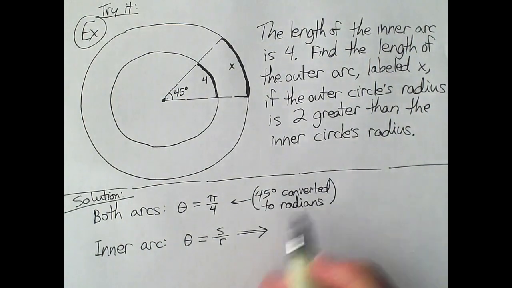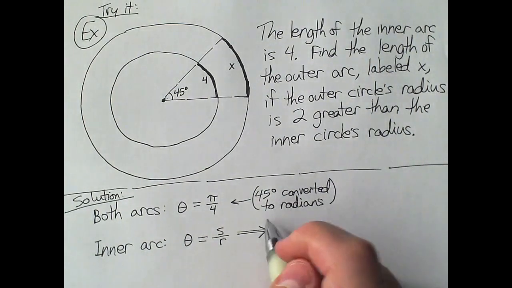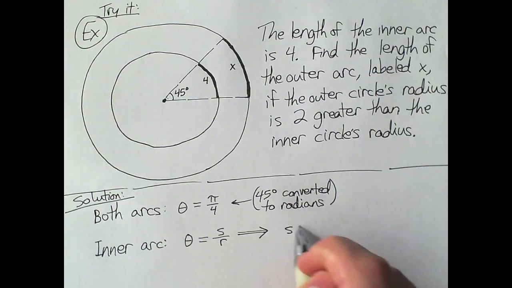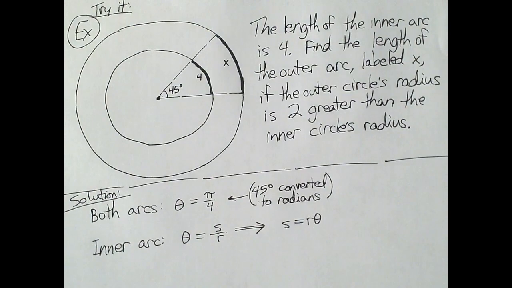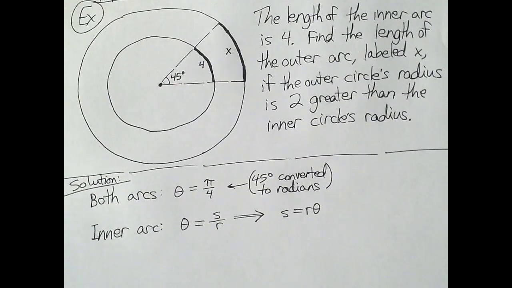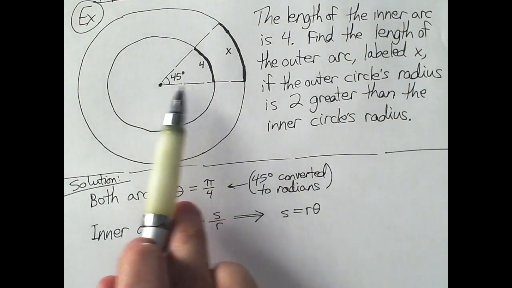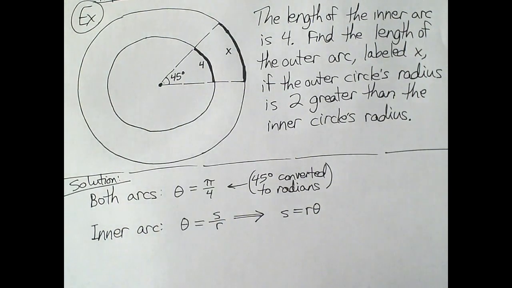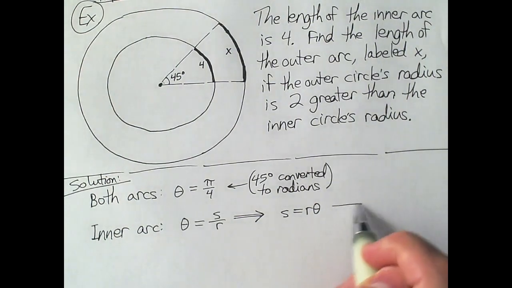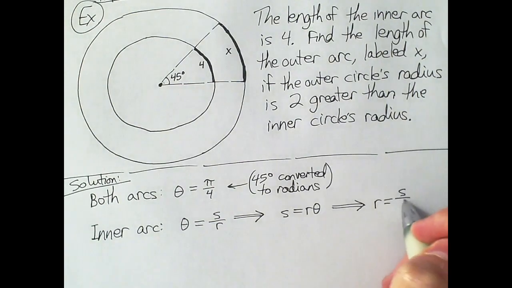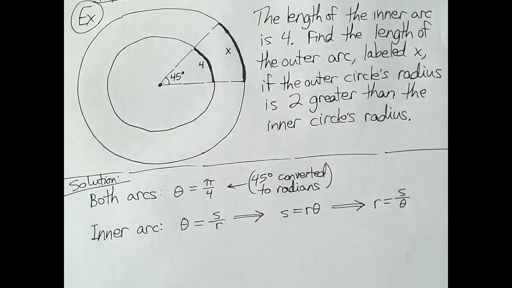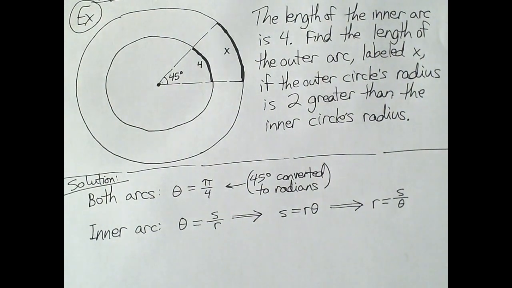I'm going to take this and use a rearranged form of it. We could rewrite this as s equals r theta. Does that help us? I know theta, I know s. I would like to find r. So maybe I'll rearrange this yet again to get r by itself. r is equal to s over theta. I like that. Let's use that version.